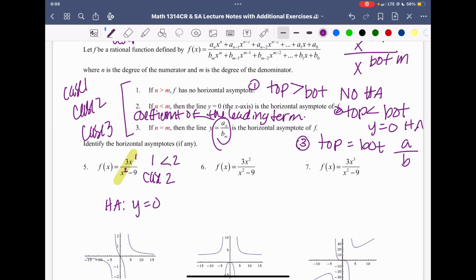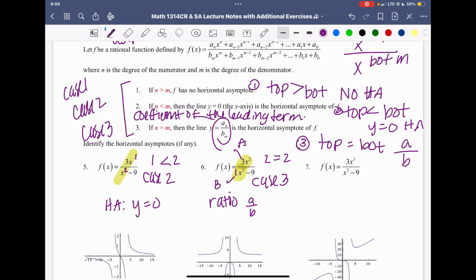Number 6, we have 3x squared divided by x squared minus 9. Let's look at the numerator and the denominator. So this is 2 and 2. Those are equal to each other. So now this is a case 3, and we're going to look at the ratio of A over B. This is A, and then the number right here is B. It's assumed to be a 1.